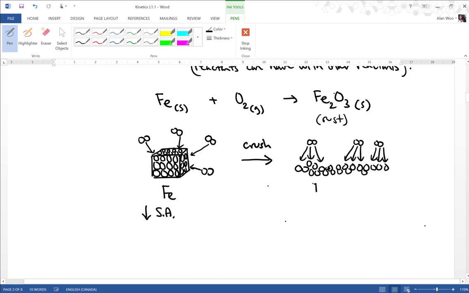So this is Fe, still a solid, but as a powder, whereas this is Fe as a compact cube. So here we have an increase in surface area, or basically more exposure.